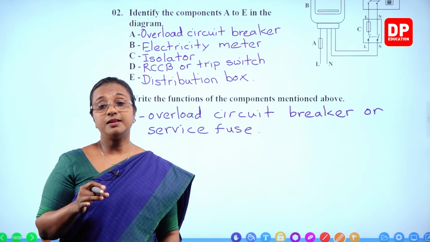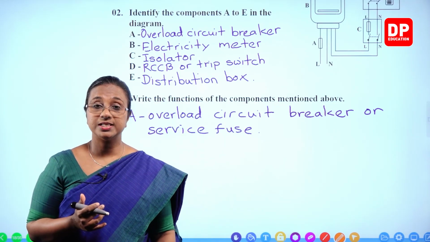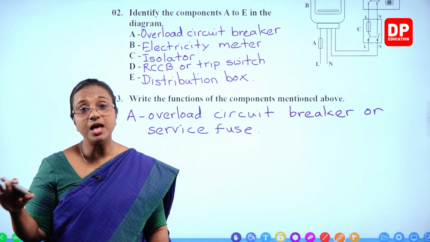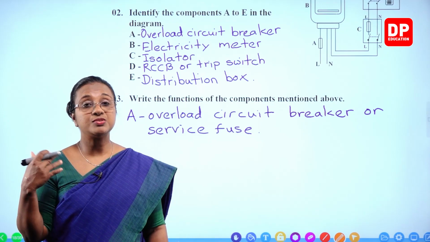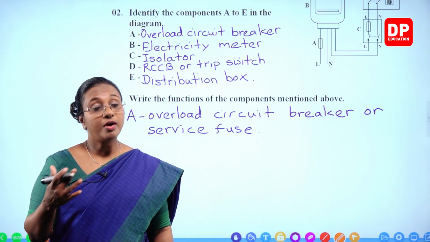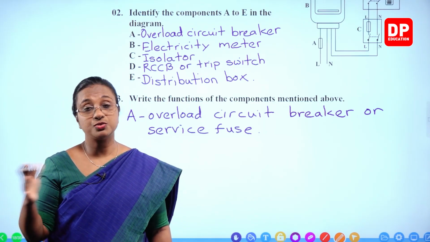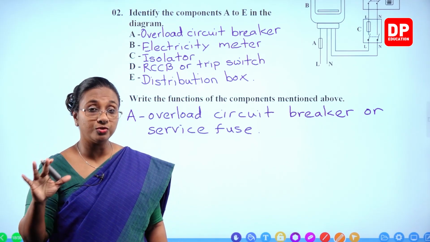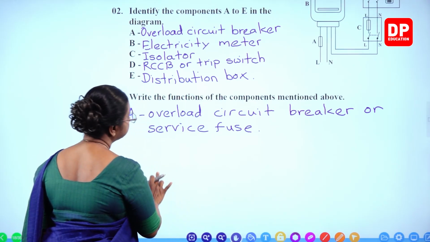If there is a current more than 40 amperes flowing into the household circuit, this will disconnect the electricity supply to the whole household. So it prevents the electrical appliances from getting damaged due to high current, or else it prevents accidents caused by high current. So it basically doesn't allow current more than 40 amperes to flow into the household. So that is the function.